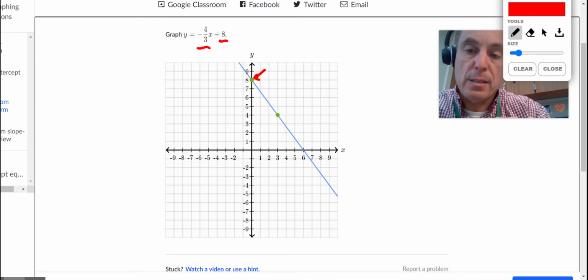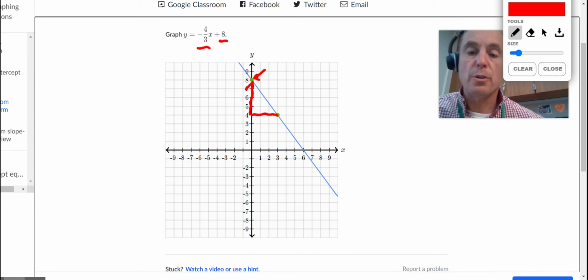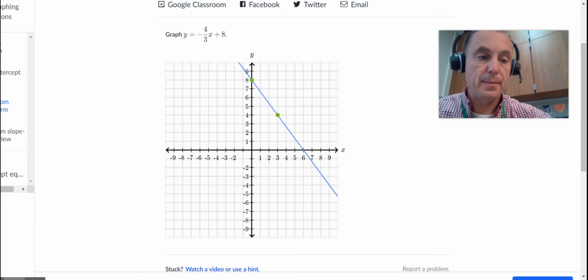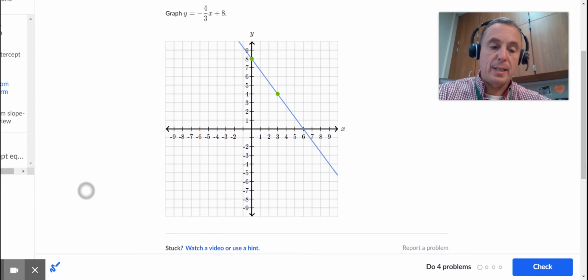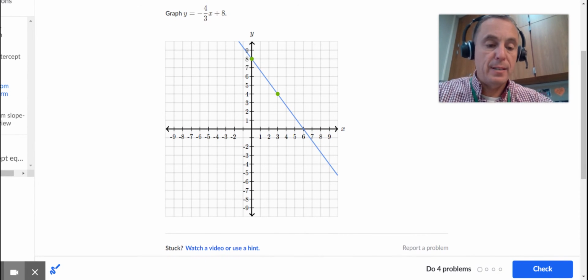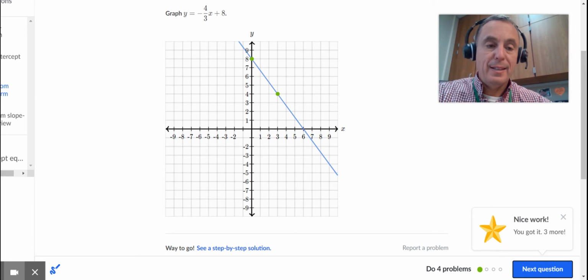So in this case, the slope is negative 4, which means I go down 4 and I go over 3. So it makes a nice little triangle right there. Now I can use Khan Academy to see if I got this right. I click check. Yay, I got it right.